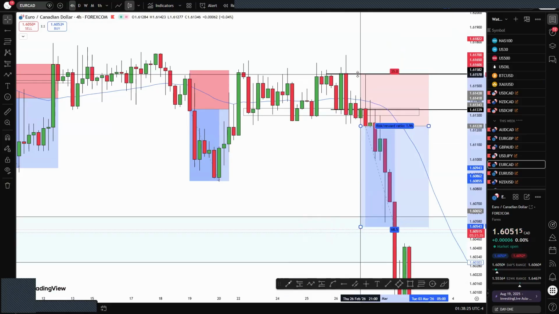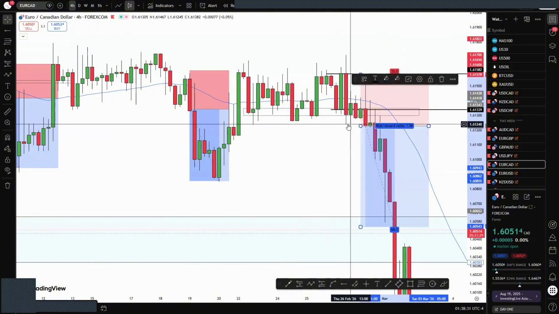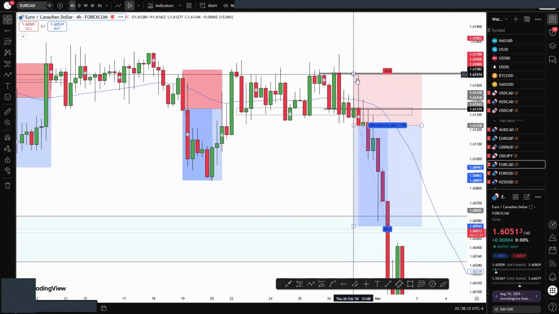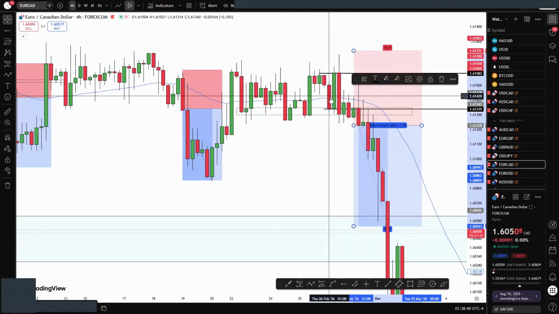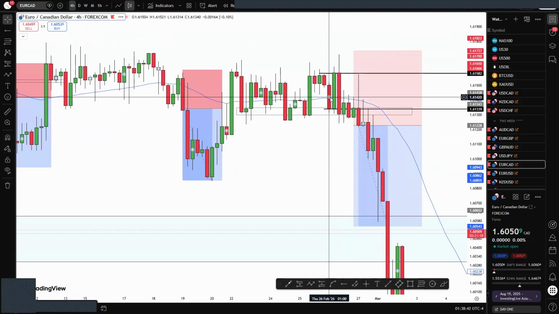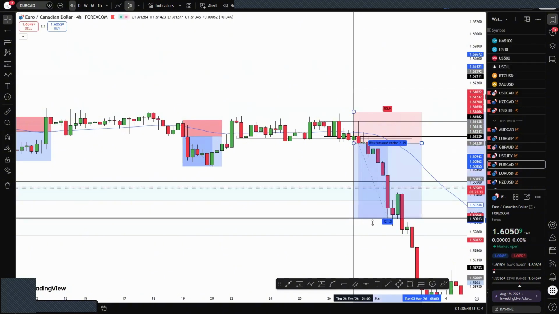But if you can see the distance between the higher low, the lower high and the lower low, and this entry point, I can put my stop at this zone. You see? And I can increase my take profit.